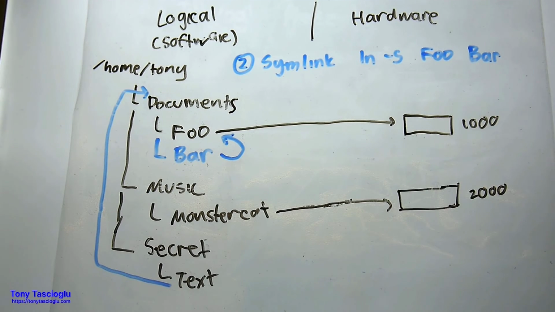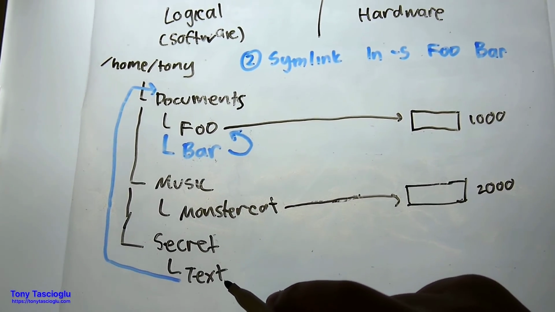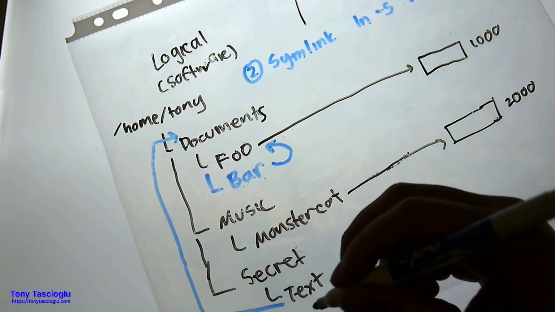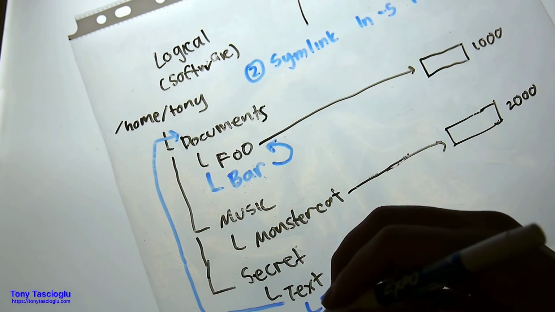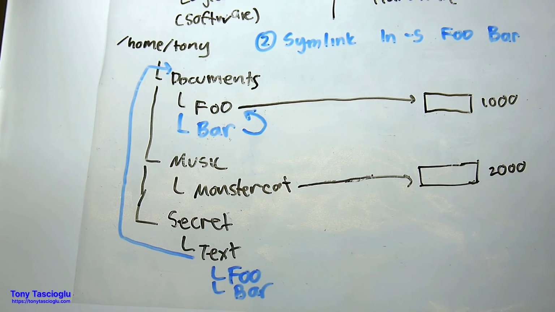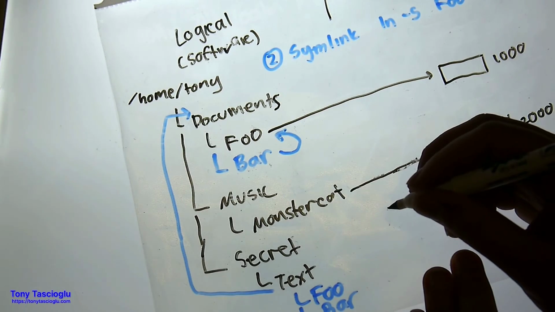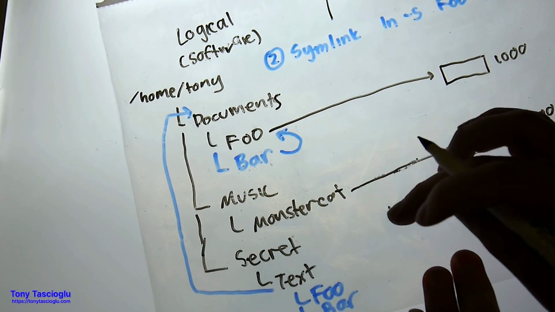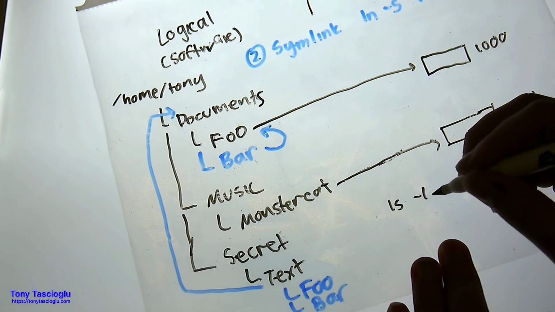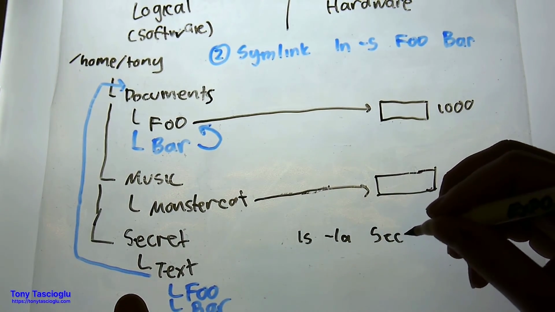So now when I go to my operating system and try to ls this file, we'll see foo and we'll see bar. But if I say I was in the secret folder and I type ll, which is usually symlinked to ls -l, or I can do la, I do this on the folder secret.